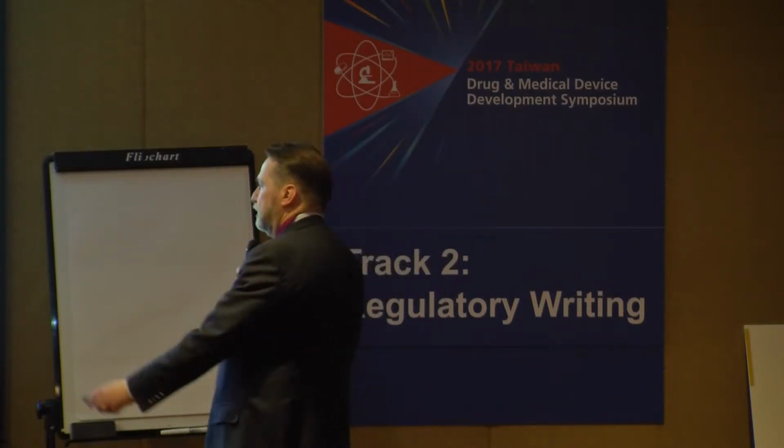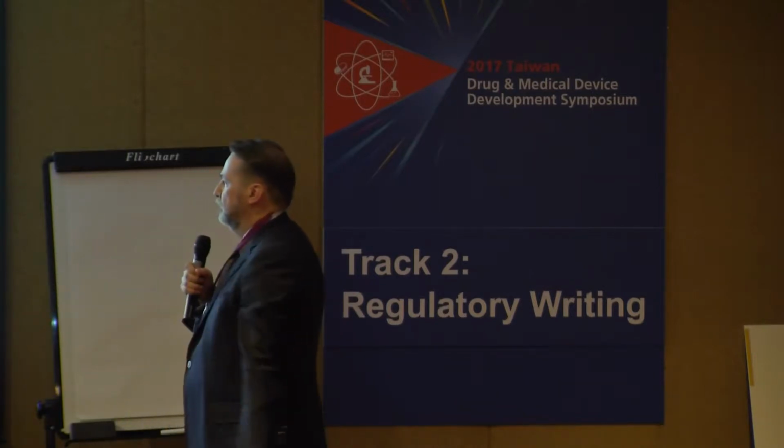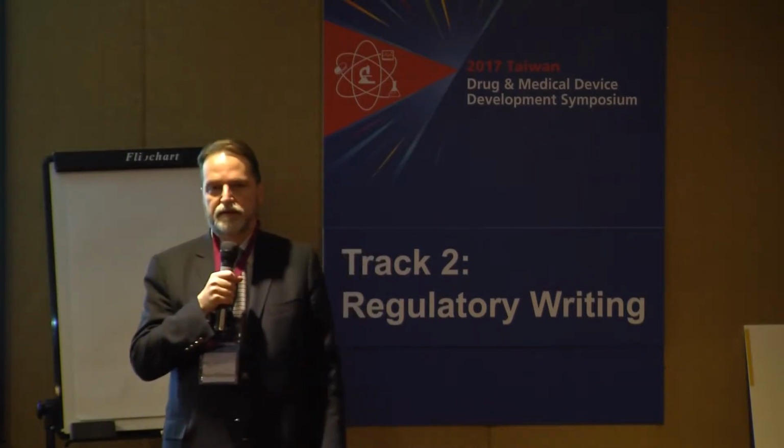So the reference safety information, per safety reporting requirements, becomes the place where the expectedness of an adverse reaction is determined by the sponsor, and that has implications for expedited safety reporting of the drug.